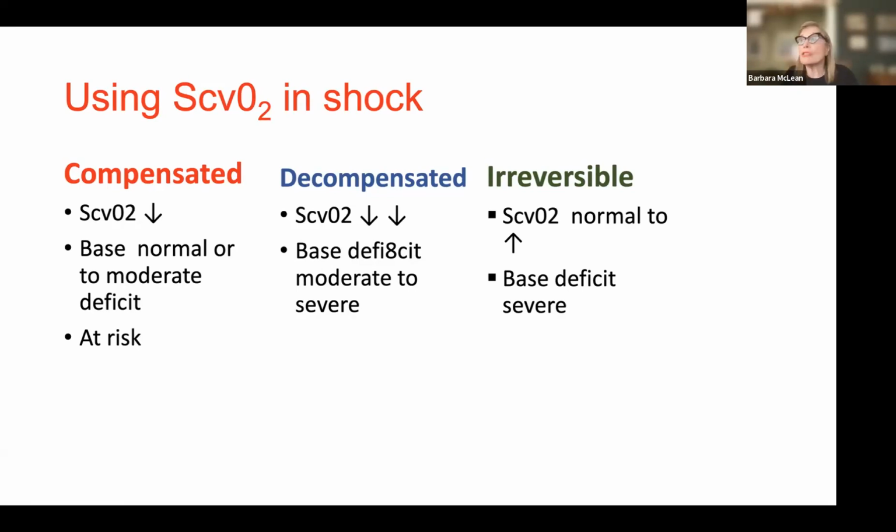Now, my cells can't use the oxygen because they've been shocked and they are dysfunctional. So ScvO2 looks normal, or it may even be elevated, but a normal to elevated ScvO2 in the face of a severe base deficit, that person is not going to survive.